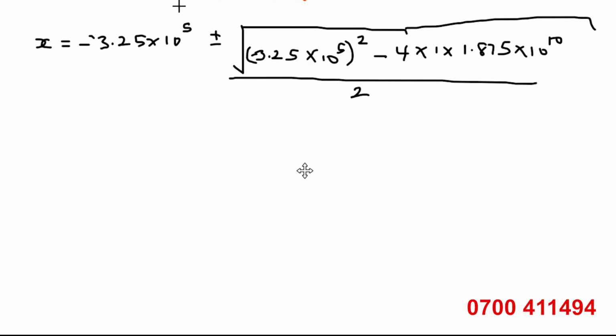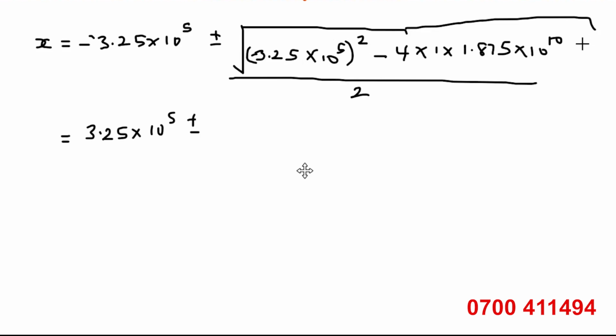Now you see that these are big values. So expressing them in standard form is going to help us so much. So let's simplify. First, this is positive now, it becomes 3.25 times 10 to the power 5 plus or minus. I'm going to first take out the 10 to the power 10, because now this has become 10 to the power 10.